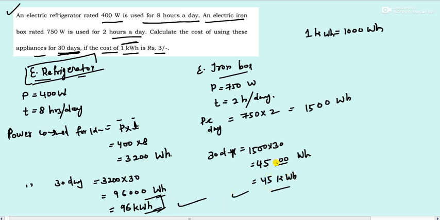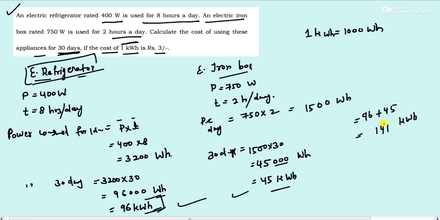Now these two combinedly, 96 plus 45, they will consume this much energy in 30 days. So when we add them, we'll get 141 kilowatt hour, right?